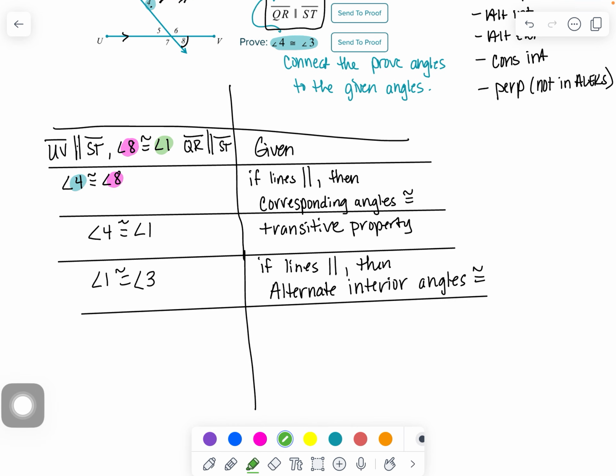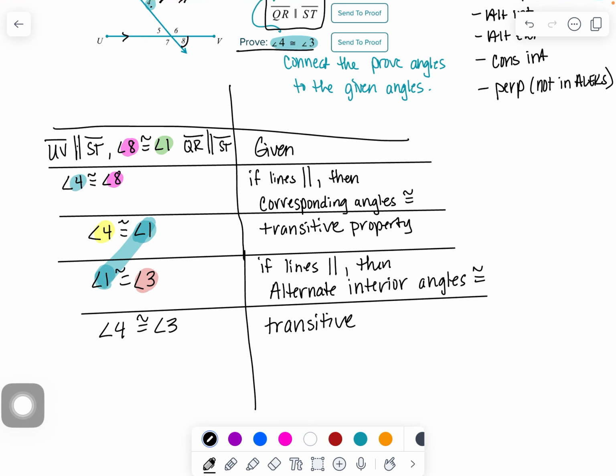Now, let me go get my colors again. If I've got angle 4, and then 1 here, and then over to 3, look at that, that is a transitive link. See? These guys are in the middle. So I can link angle 4 to angle 3 by transitive. There we go.